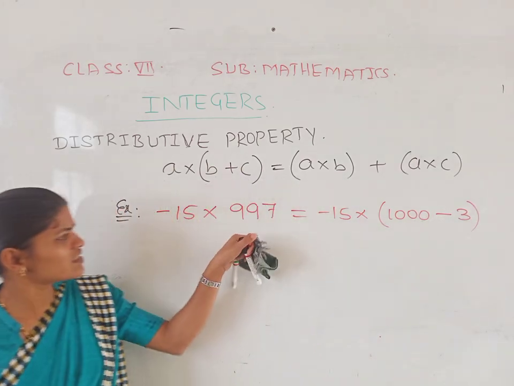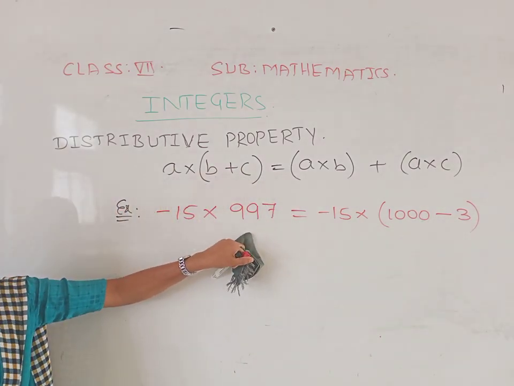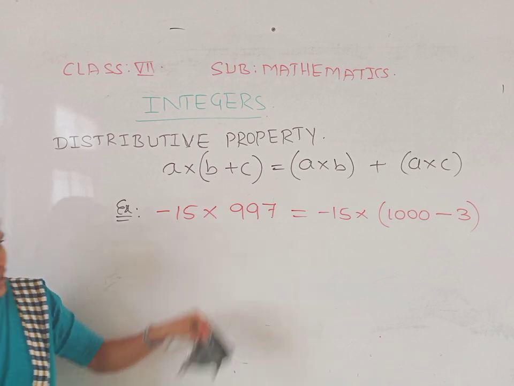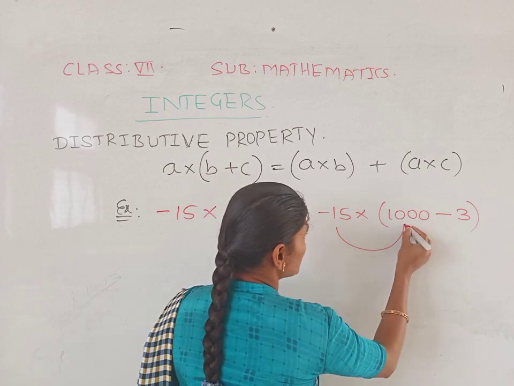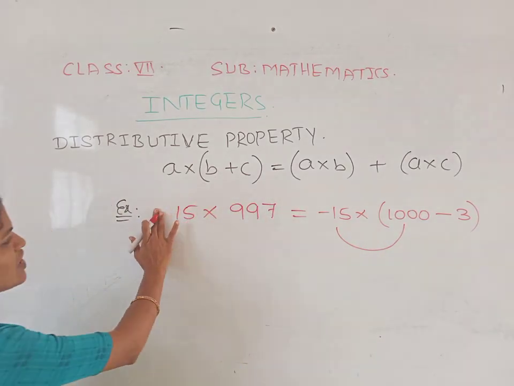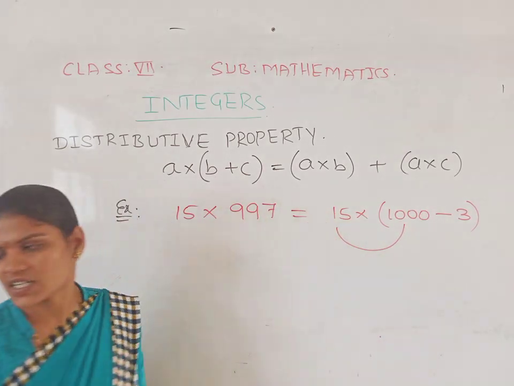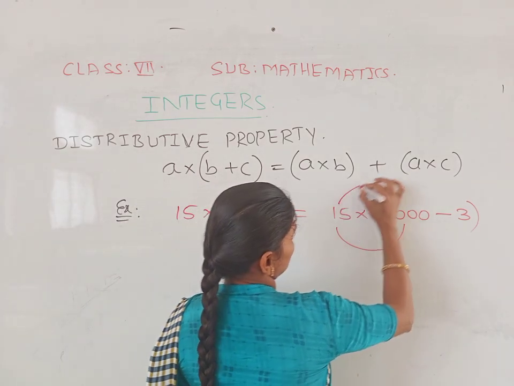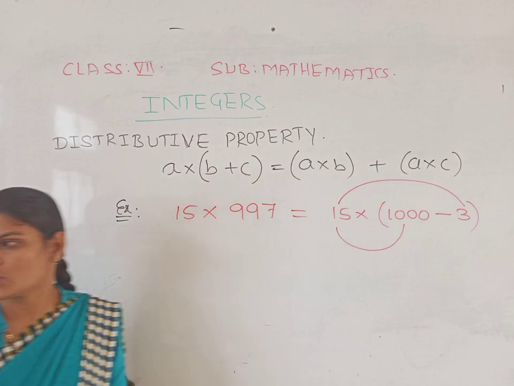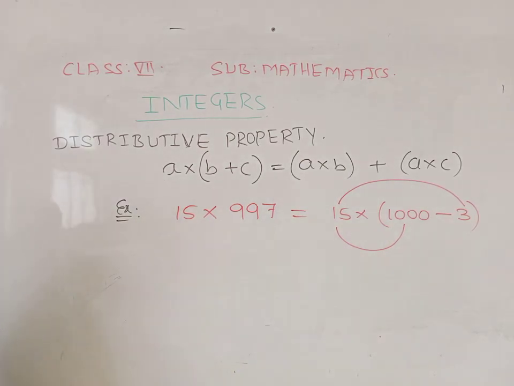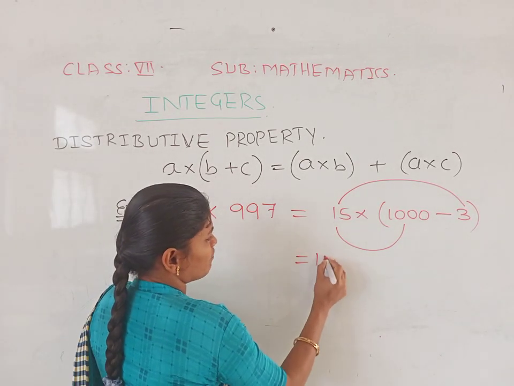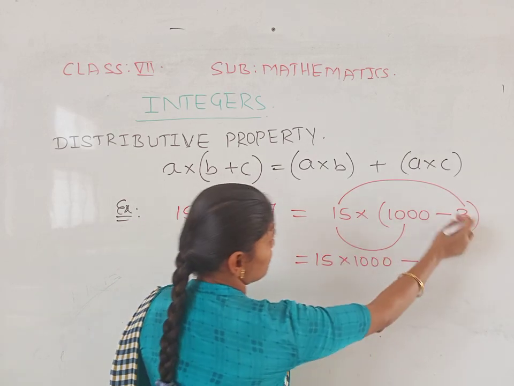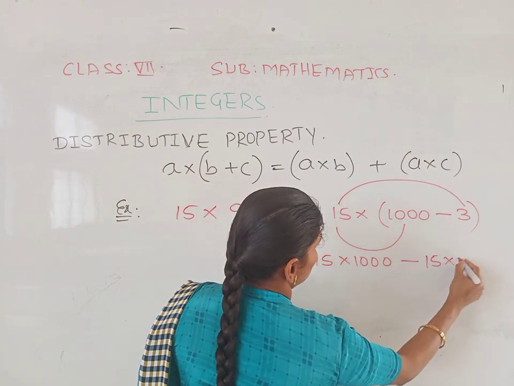Now what we have to do? 15 into 1000. We can take this one as plus 15. Then we can select one more negative number. 15 into 1000, then minus of 15 into 3. Clear? 15 into 1000 minus 15 into 3.